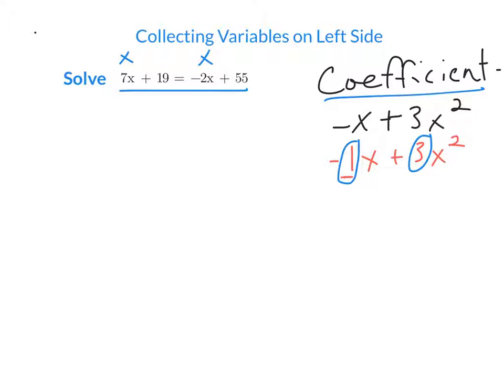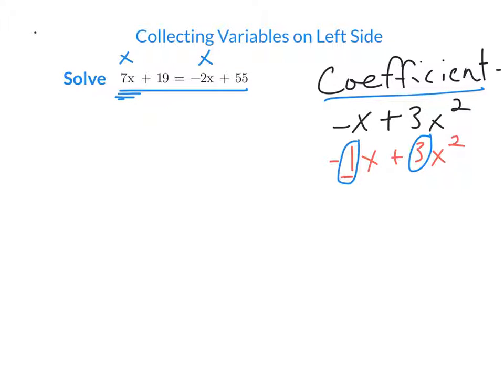So the larger coefficient is the 7. We want to get the terms on the left side where the 7 is, and then the result will be a positive coefficient. If we went the other way and got it on the right side, we would have a negative. So we want them on the left side for this.